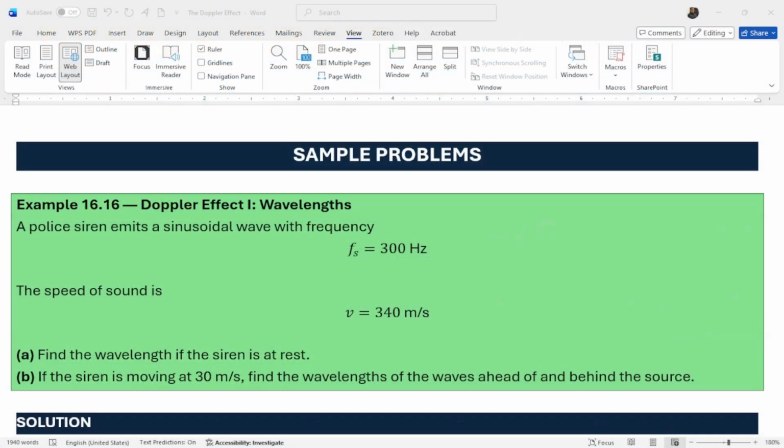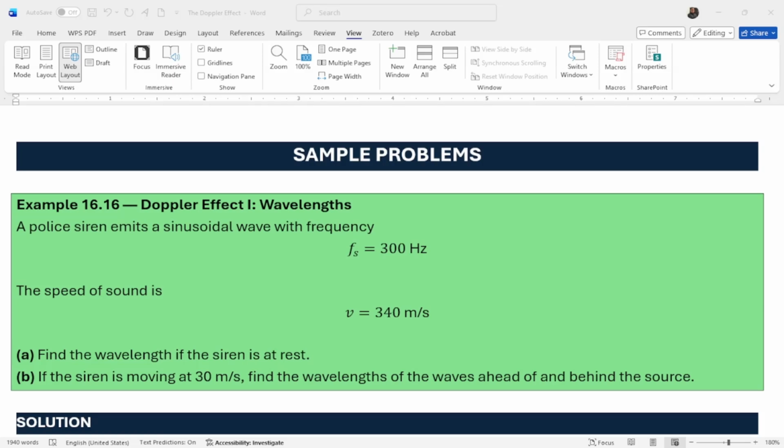All right, now this time we're going to solve or analyze the first sample problem under the Doppler effect topic. This problem is asking us to determine the wavelength of the sound wave. So the problem statement goes like this. A police siren emits a sinusoidal wave with a frequency of 300 hertz, and the speed of the sound is 340 meters per second.